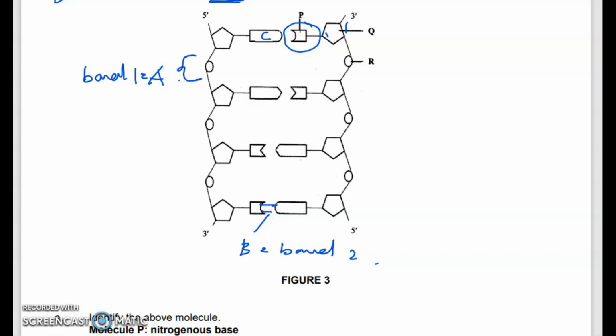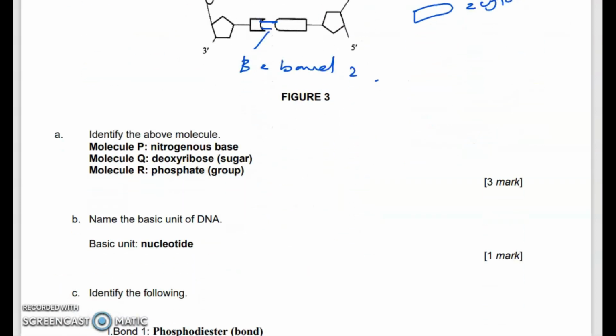But, luckily in this question, dia tak highlightkan dan kita tak dapat hint base pun. Tapi kalau dia ada bagi hint, contohnya ini adalah adenine, lepas tu ini adalah cytosine, so kita kena jawab secara spesifik.